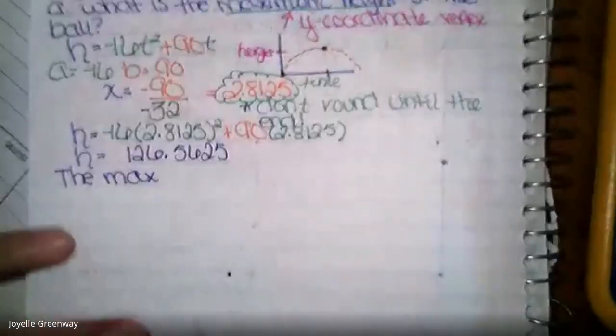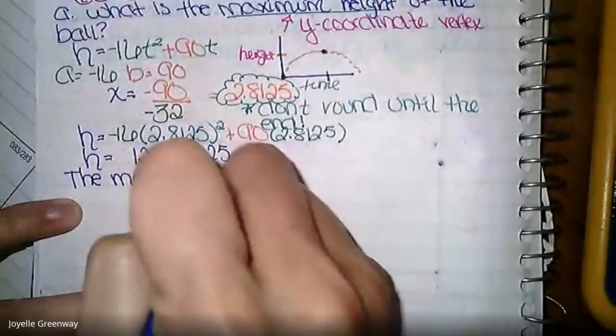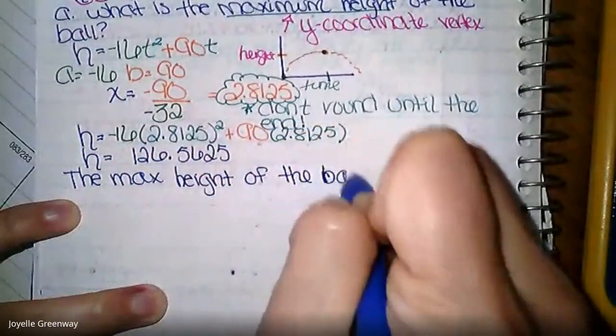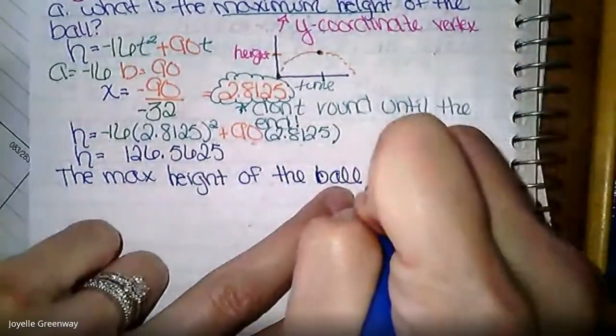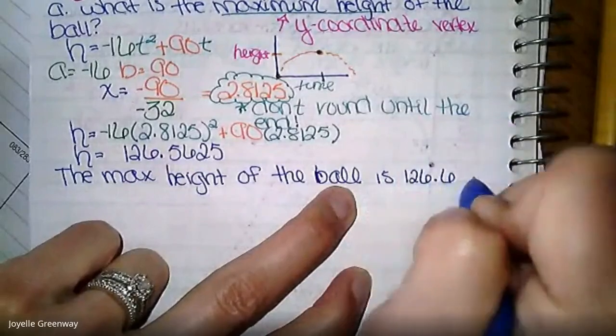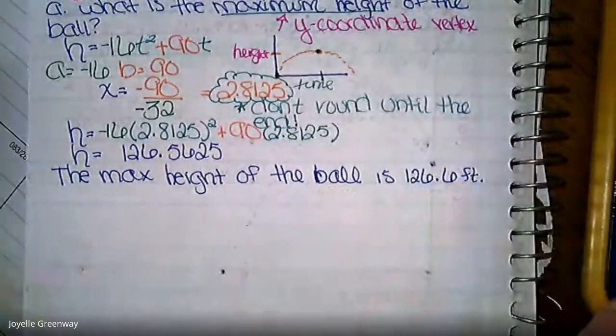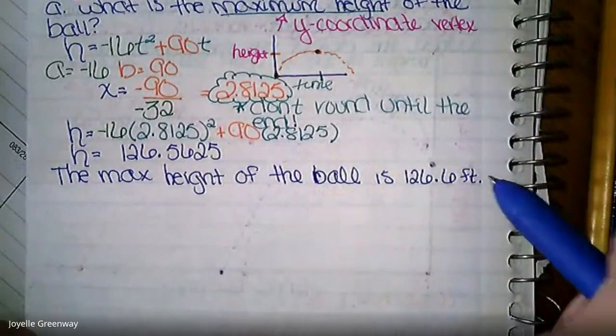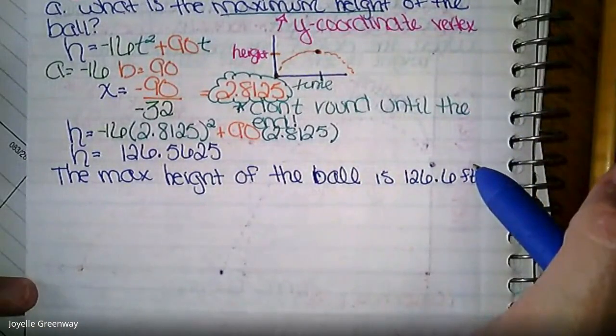So the max height of the ball is 126.6 feet. The ball went 126.6 feet in the air. That was its highest point.